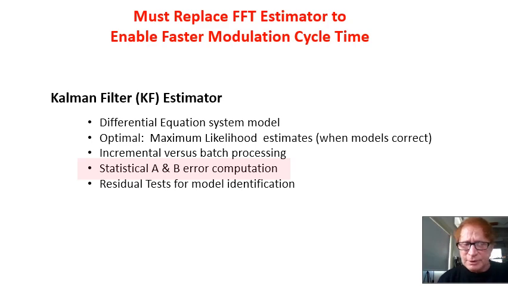This covariance matrix is also accurate so long as the system models are linear and correct. Along the diagonals, the covariance contains all the sigmas for all the A and B estimates. The correlation coefficients between all the A's and B's are on the off diagonal of the covariance matrix.